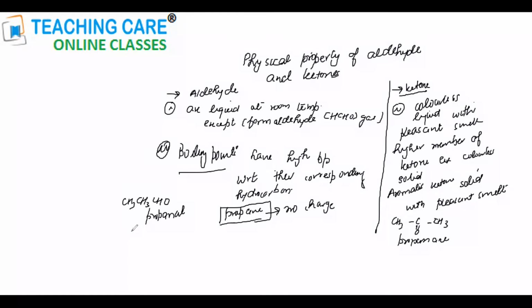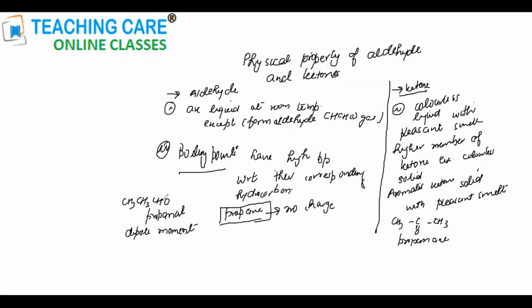Dipole moment means they have positive and negative charge. Both the aldehyde and ketone have a dipole moment, because oxygen has a negative charge and carbon has a positive charge.